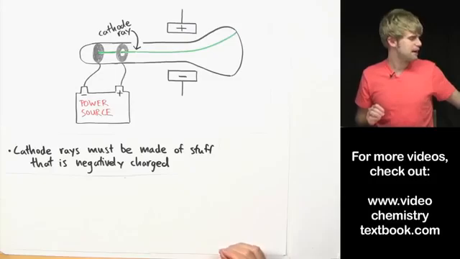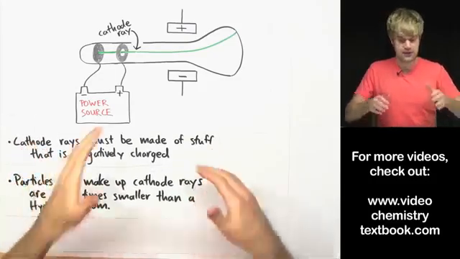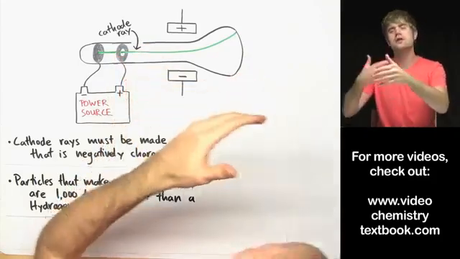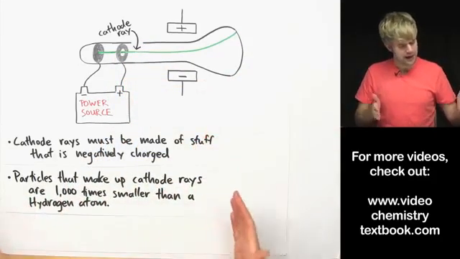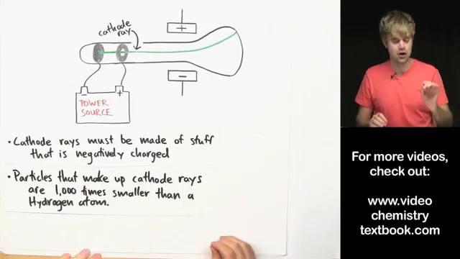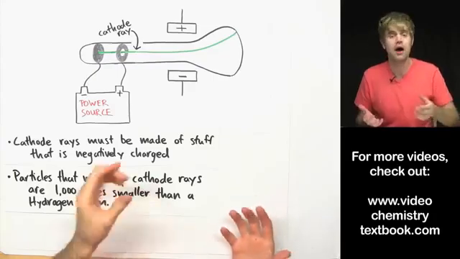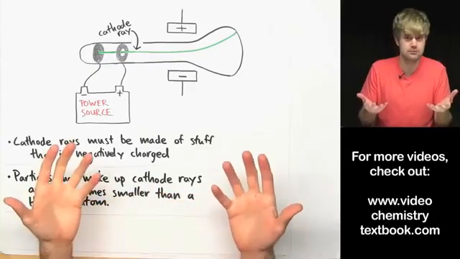Okay. He combines the information that he got from the experiments that I just told you about with some other data that he collected. And he's able to come to the conclusion that the particles that make up cathode rays are 1,000 times smaller than a hydrogen atom. Hydrogen atoms are the smallest atoms.